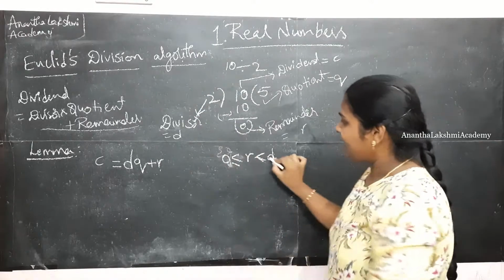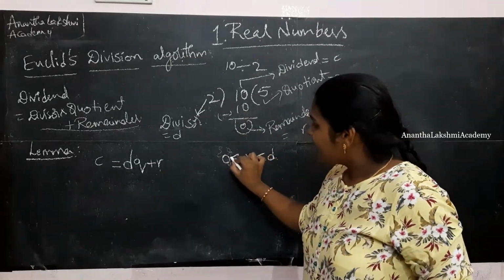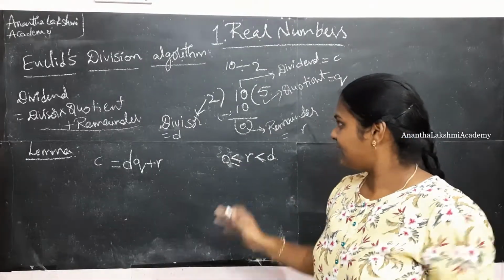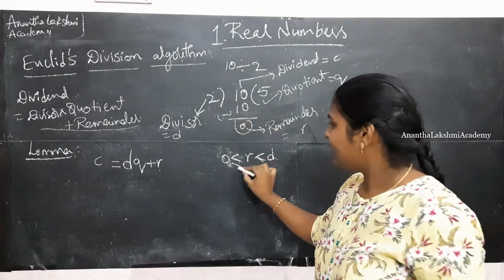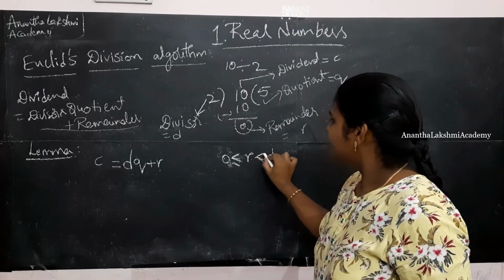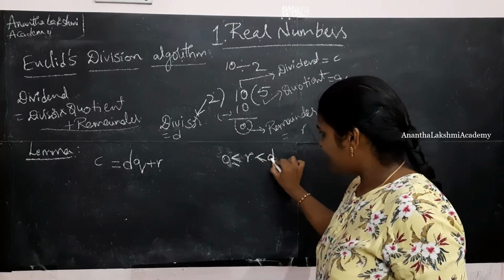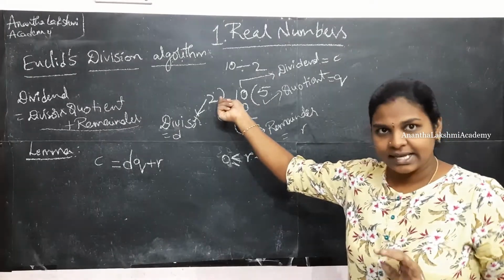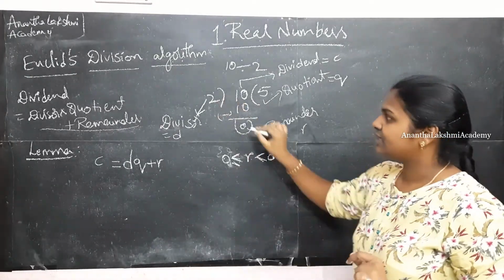And it may be equal to 0. When the division is completely done, the remainder is 0. Alright, 0 less than or equal to remainder, and remainder is less than the divisor. Isn't it true? Yes, right? This is what he explains.